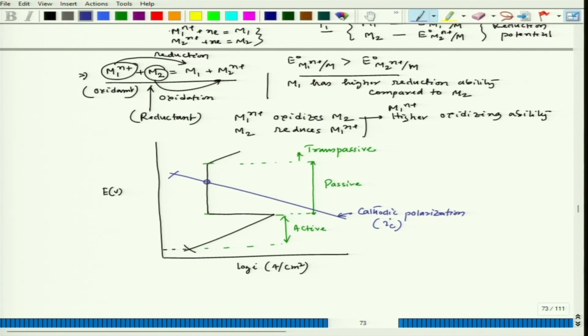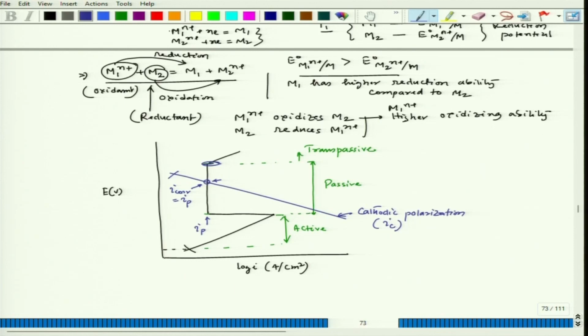Now, the corrosion rate would be here, which is I corr equal to IP, as per mixed potential theory. Now, this particular point lies very close to this transpassive zone.